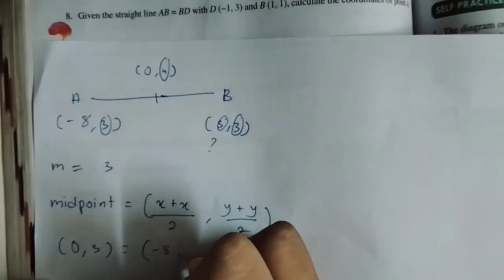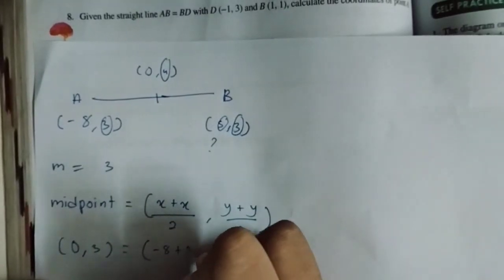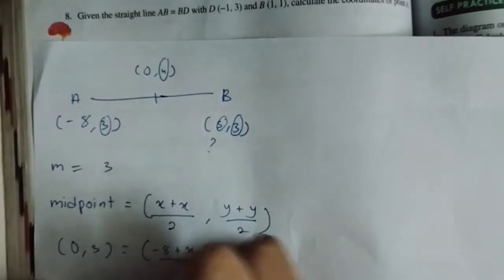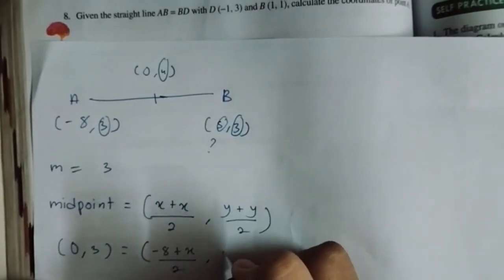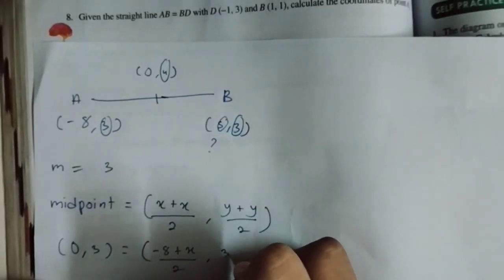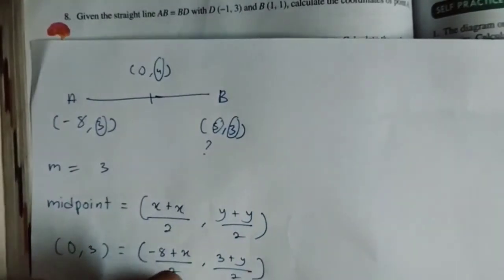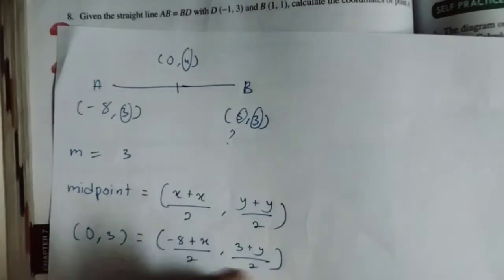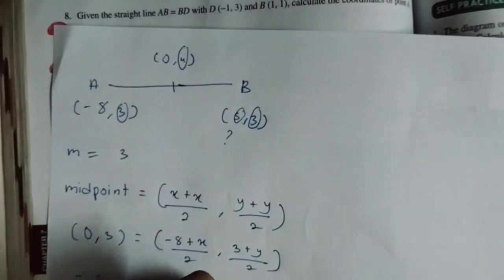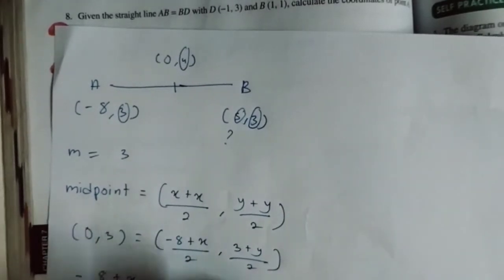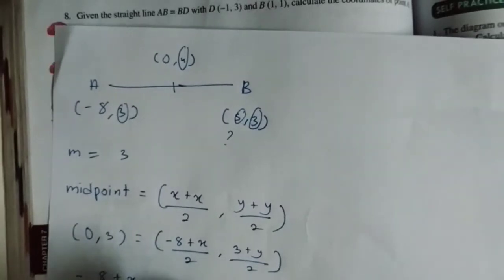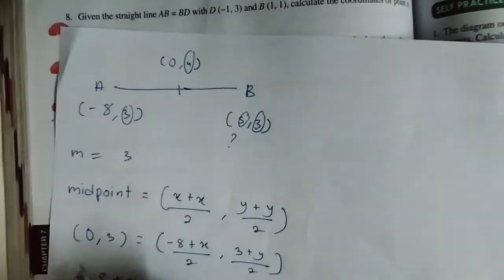Negative 8 plus x over 2, 3 plus y over 2. So negative 8 plus x over 2 equal to 0.